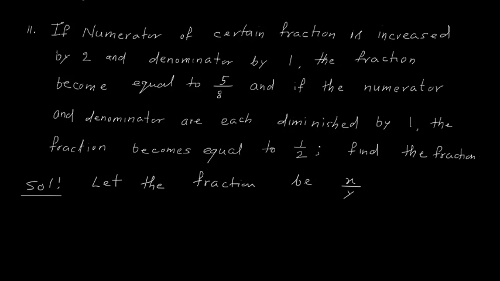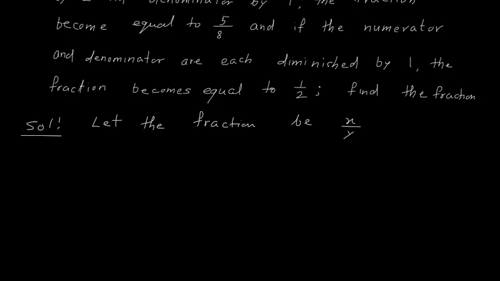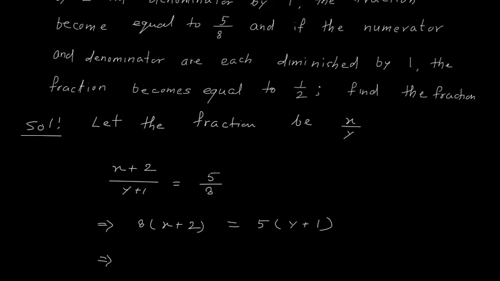Now the numerator is increased by 2 and the denominator by 1. So x plus 2 divided by y plus 1. The fraction is 5 upon 8. So this implies 8 times x plus 2 is equal to 5 times y plus 1. This implies 8x plus 16 is equal to 5y plus 5.